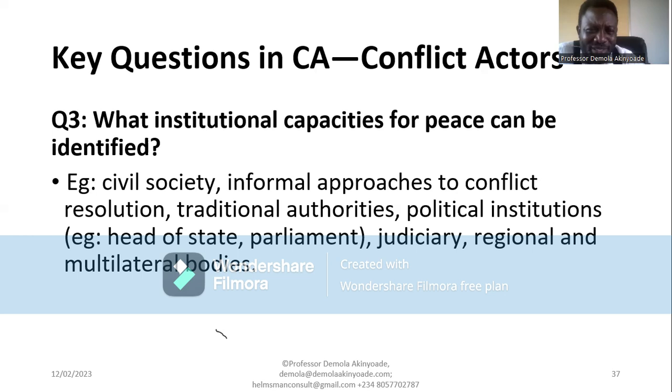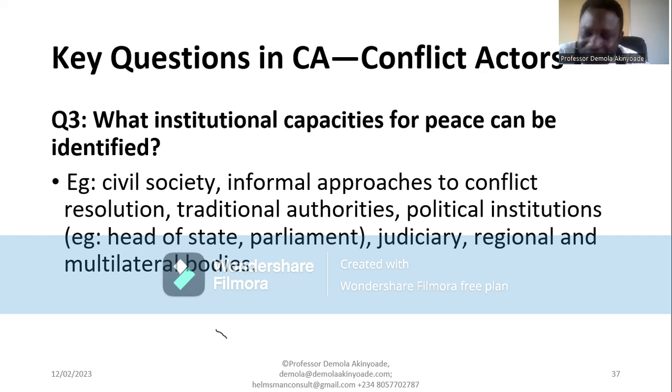Thank you very much. Okay, we go to Vaku. So we have peacebuilding and conflict resolution agencies, like the Institute for Peace and Conflict Resolution, for promoting peace.